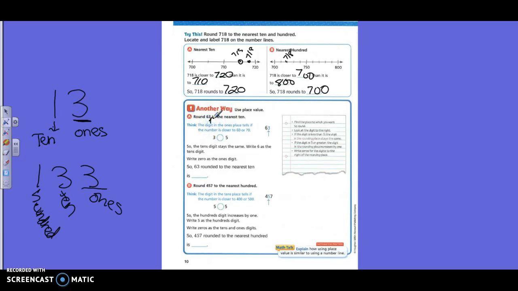Okay? Is 3 closer, or is it 5 or over? Okay? You have to think, if it's 5 or over, it will make the number go up. If it is 4 and under, it will keep the number the same. Okay? So the tens digit stays the same because is 3 greater than or less than 5?